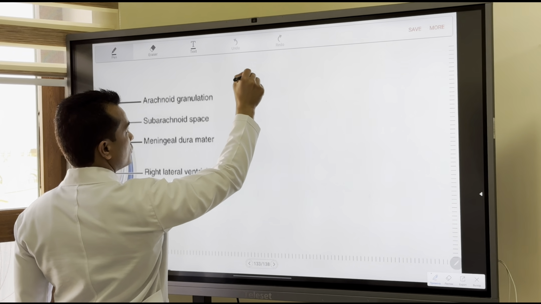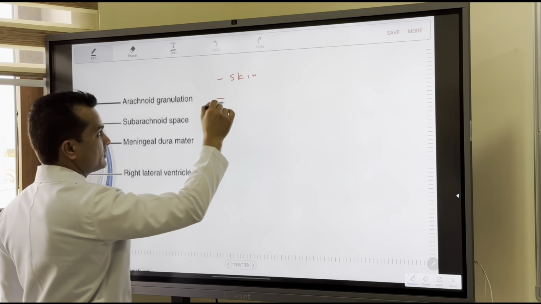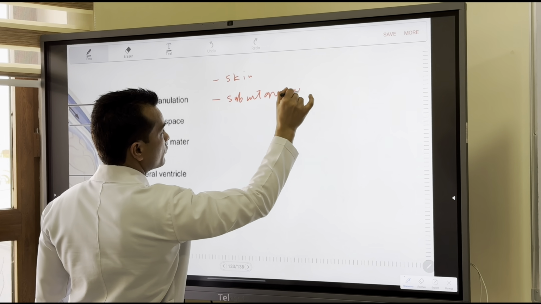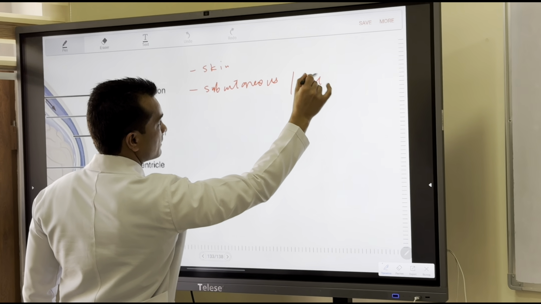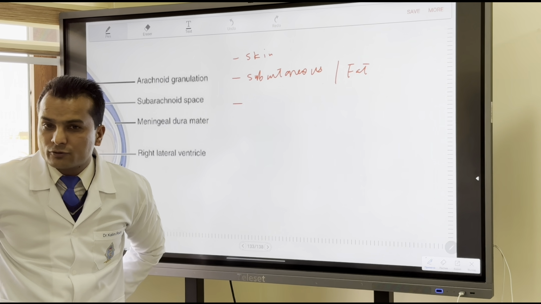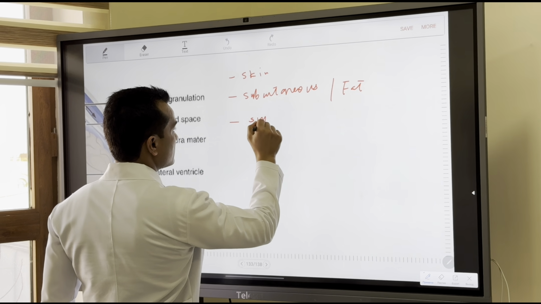So first, you are approaching the skin, then after skin, subcutaneous tissue or subcutaneous fat, and then you have got a ligament on the posterior part of the backbone, the supraspinous ligament. Which ligament? Supraspinous.